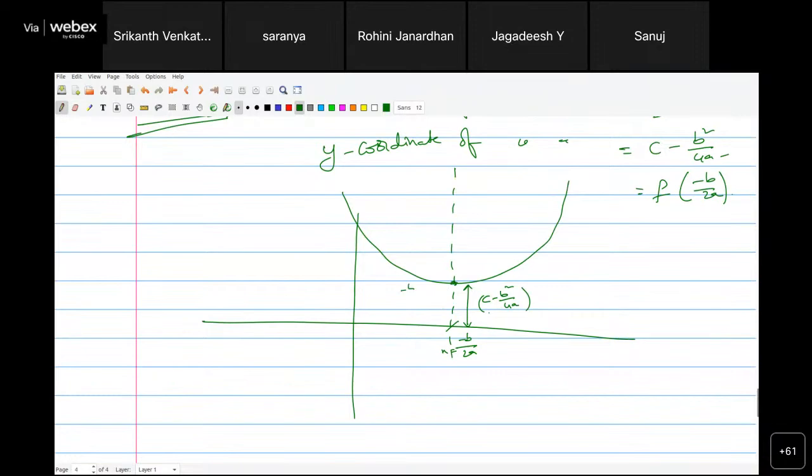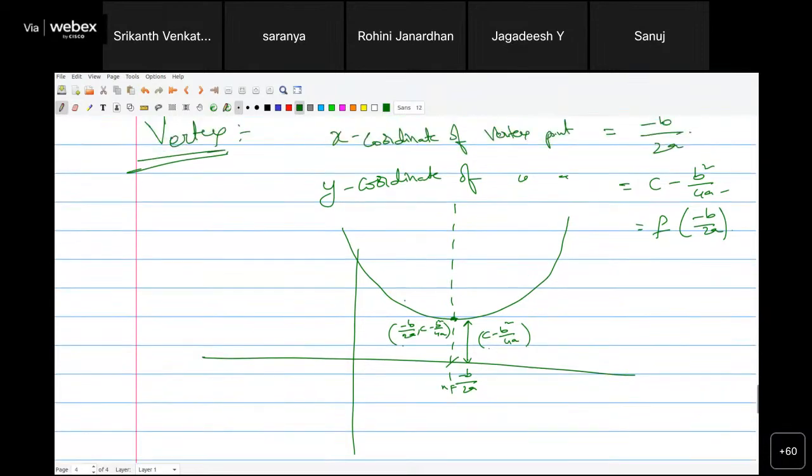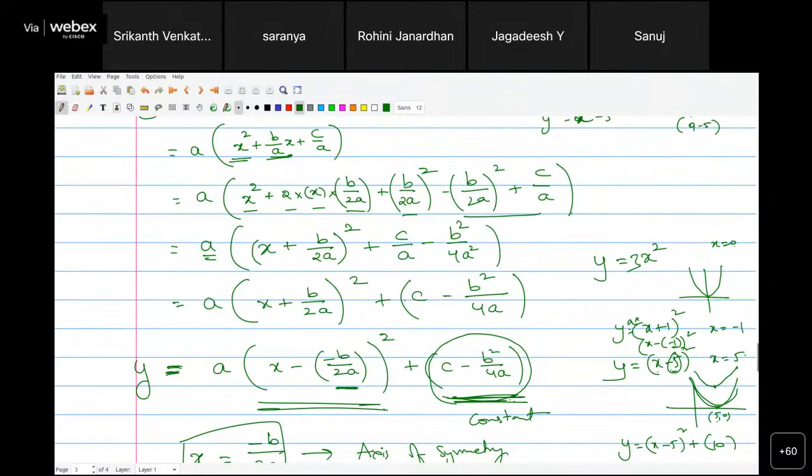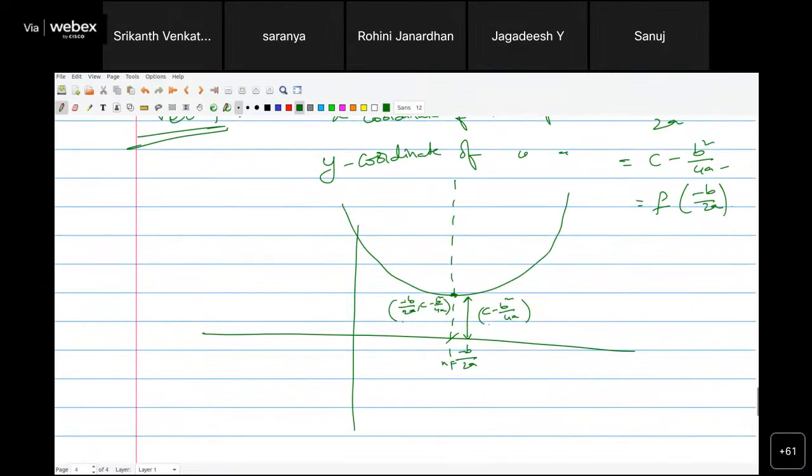So the bottommost point will be this. Those who have understood how this minus b by 2a, c minus b square by 4a came, this is how it came. So this is how the symmetries will be. From this, x equals minus b by 2a will be the axis of symmetry, and the vertex point will be minus b by 2a comma c minus b square by 4a.